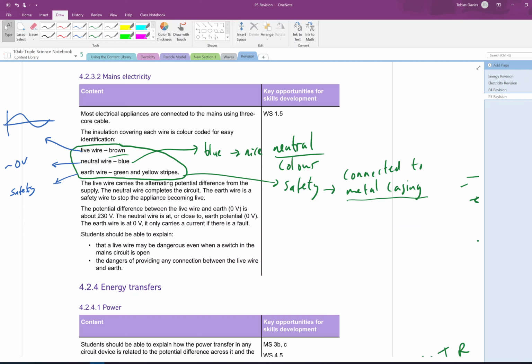That's a nice low energy state for them, so they always want to go to this low energy state, and we call that the ground state. It can literally mean that they're in the ground. And that's what the earth wire is: it takes electrons into the ground so they can spread out if there's a fault.